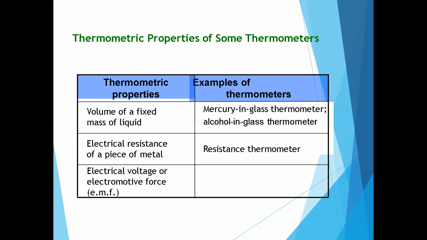Then we have electrical voltage, which is also known as EMF, the electromotive force. This is also known as voltage. So where is this used? It's used in a thermocouple thermometer, which makes use of the changes in the potential differences of two substances.